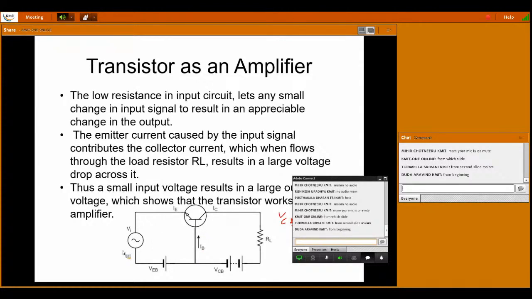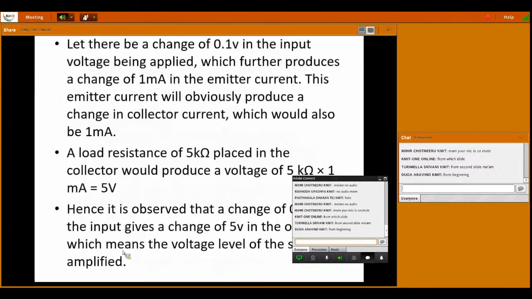Next, let me take an example. We have a change in input voltage at the emitter with a magnitude of 0.1 volt, which produces a change in input current IE equal to 1 milliampere at the emitter terminal.